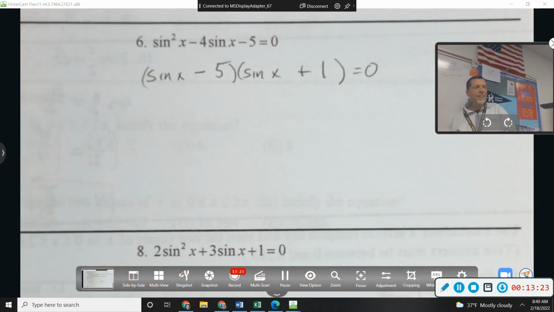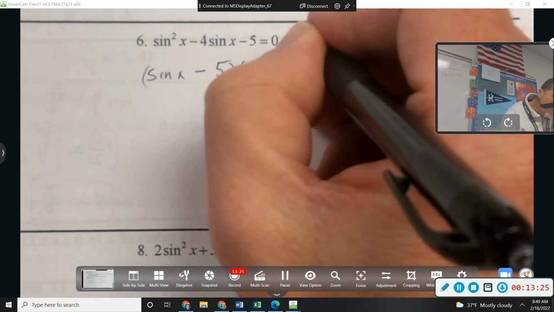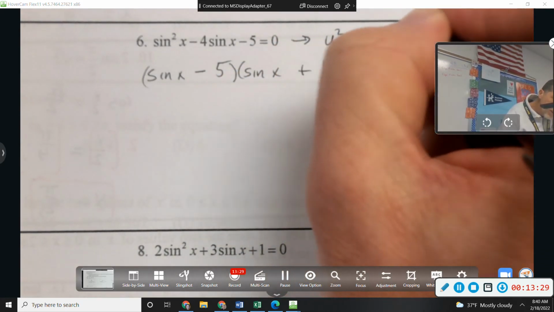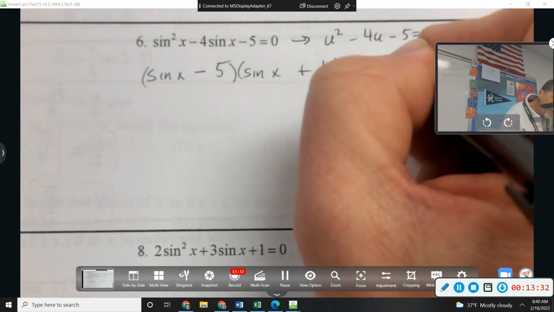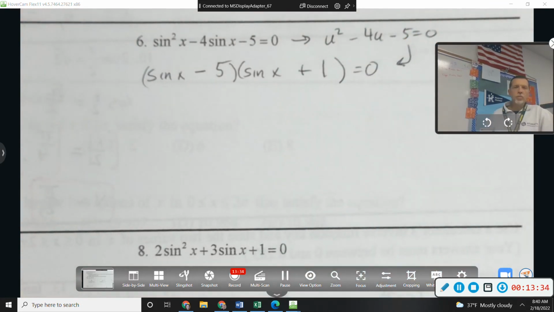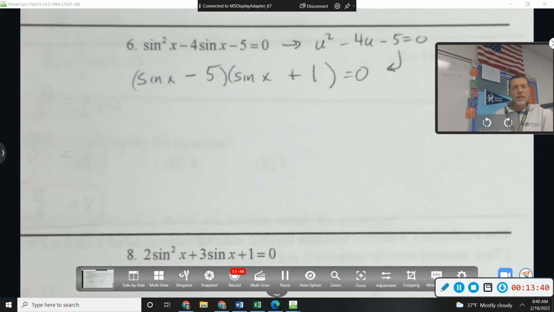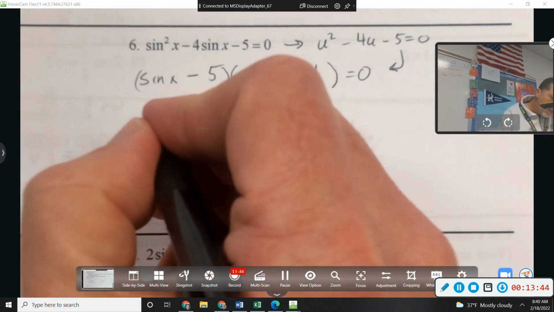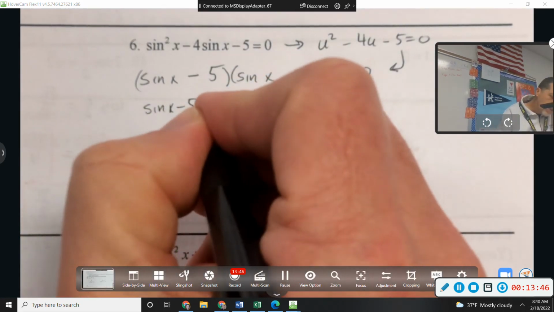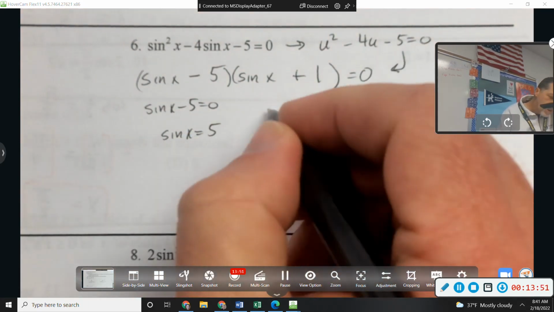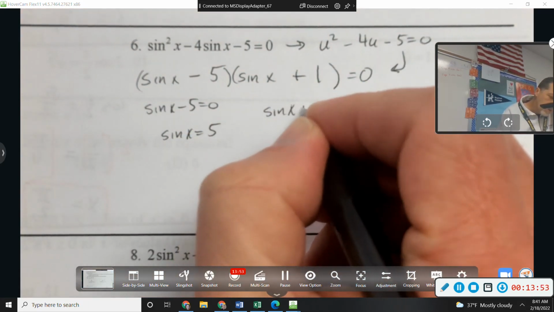Again, if you don't like that, then you pause and say, you know what, let's turn them into u's. And that's a little bit easier to factor. And then put the signs back in. And you're right back to where we are now. But it is a lot easier looking at u's than looking at sines. So sine x minus 5 equals 0. Sine of x plus 1 equals 0.